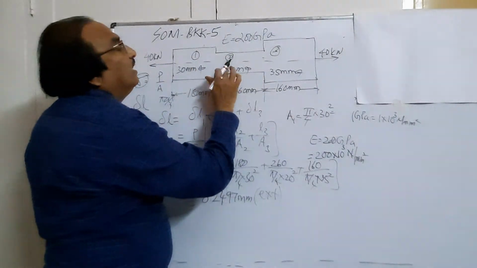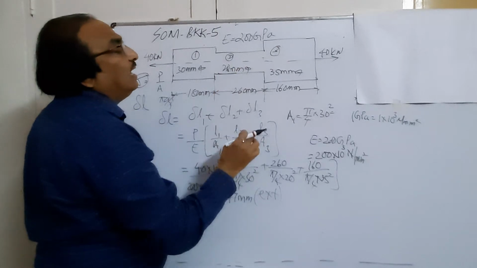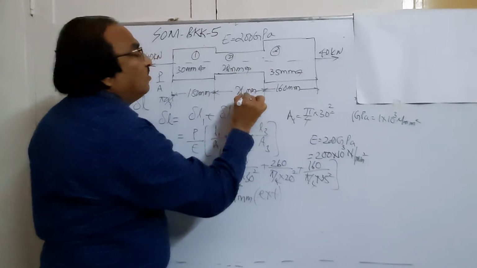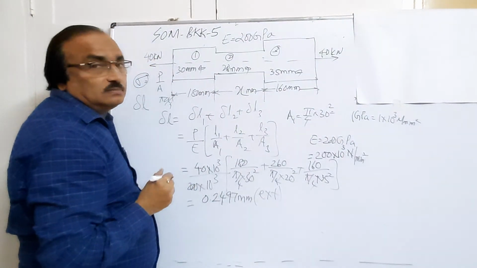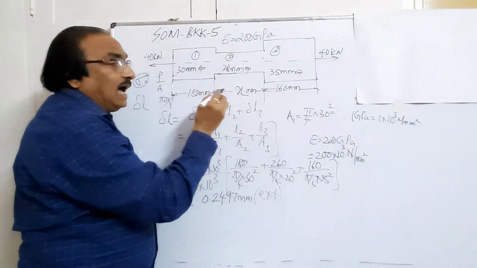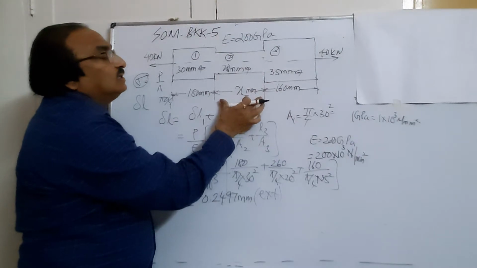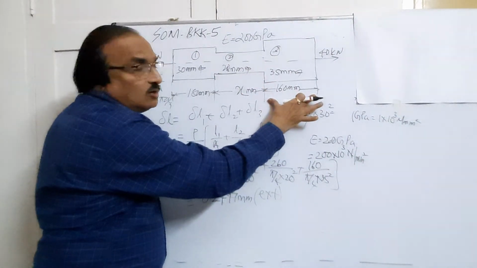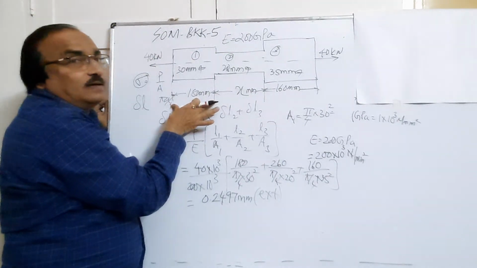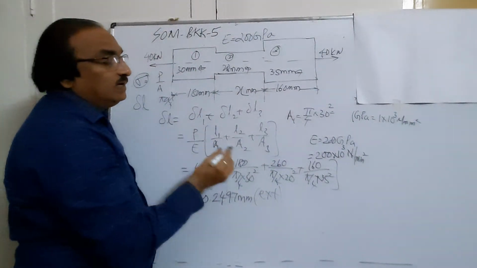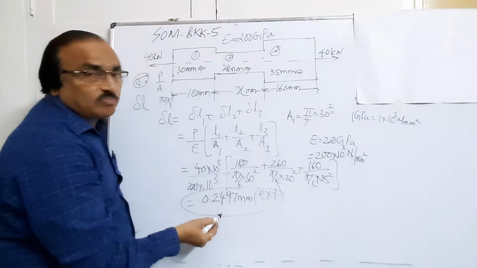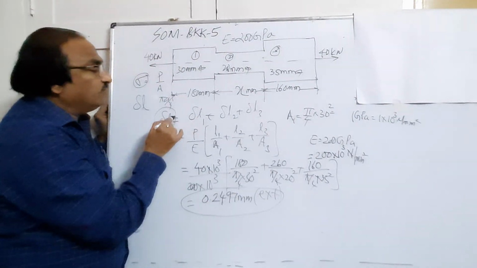Or if this diameter is given, I want to know the length of this member, for example, x if I call it. So here, in this problem, I am asking what is the length of this bar. Or I can ask you what is the length of this bar, or of this bar. But the condition I will be giving is that total deformation is this much. So you will be knowing the total deformation.